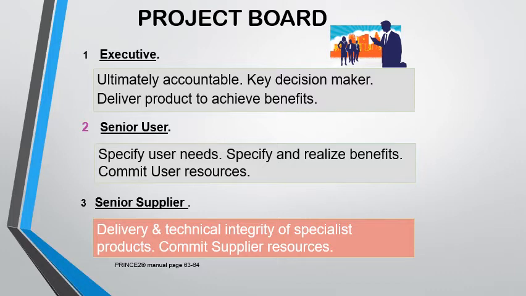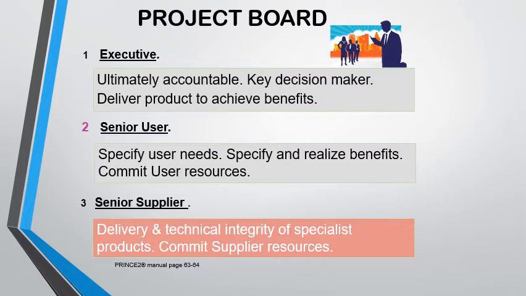The project board. So like we mentioned earlier, the project board has all the interests represented. The business interest is represented by the executive, the user interest represented by the senior users, and the supplier interest represented by the senior suppliers. So the executive has ultimate accountability over the project. The person has to make sure that the project is successful.